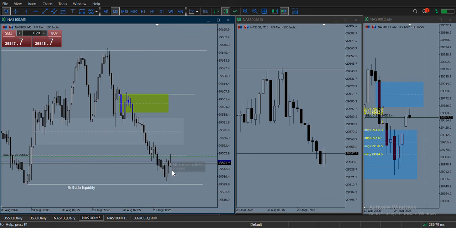So far a nice rejection from that price point. So let's watch and see, does it have the ability to trade through this price point here and head to this lower.